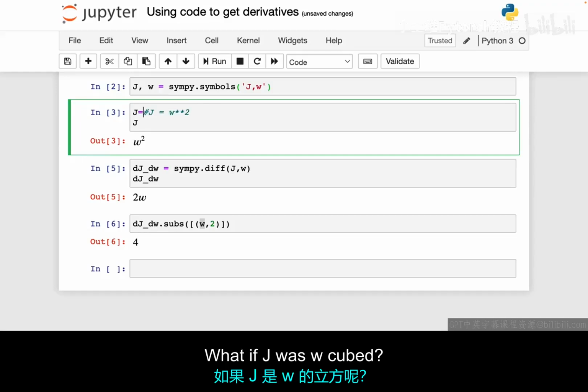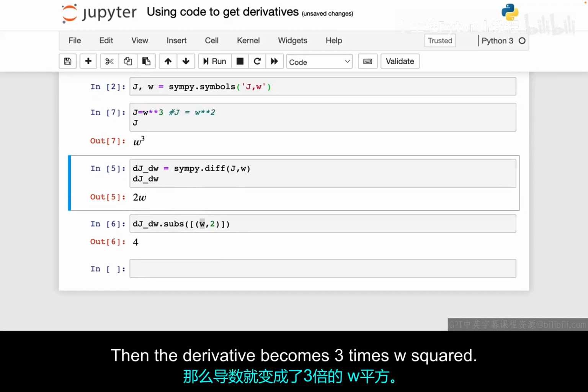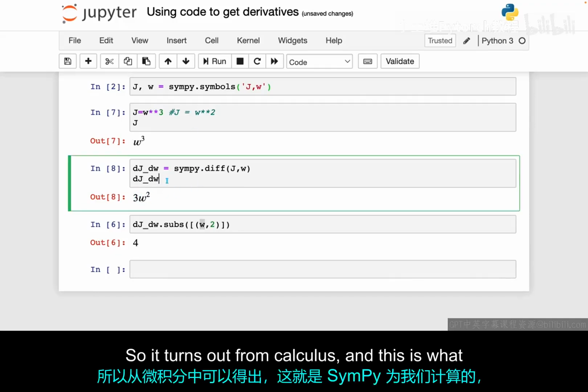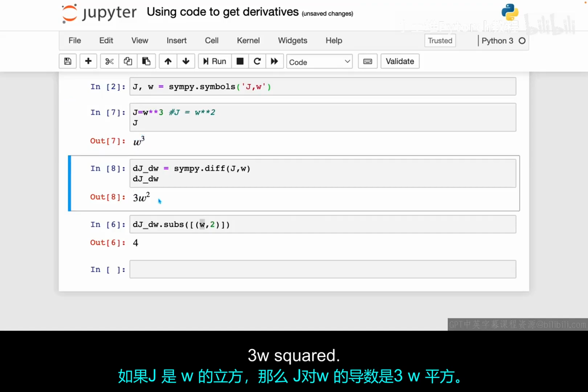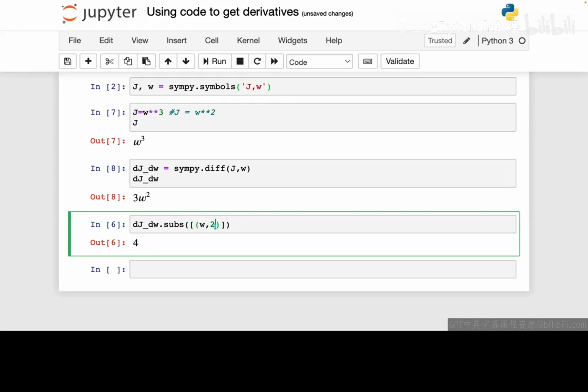What if j was w cubed? Then the derivative becomes 3 times w squared. So it turns out from calculus, and this is what SymPy is calculating for us, if j is w cubed, then the derivative of j with respect to w is 3w squared. And depending on what w is, the value of the derivative changes as well.